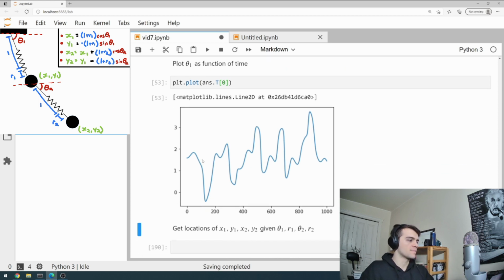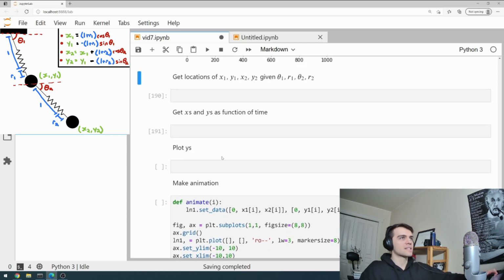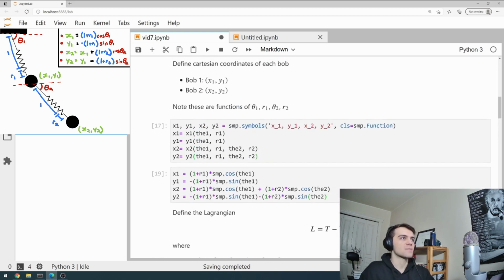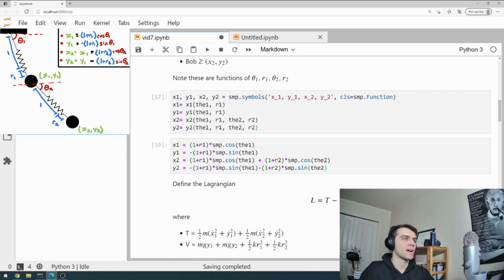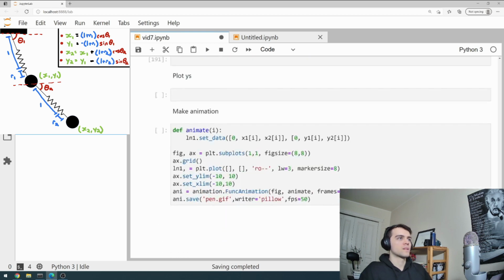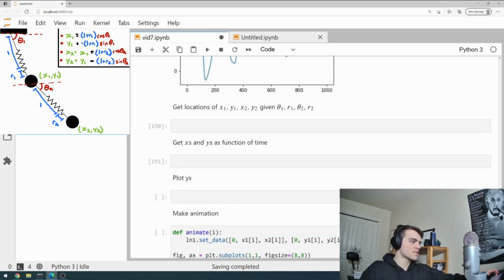Somewhat complicated. So now we can get the locations of x1 and y1 and x2 and y2. For that, we need to take these expressions for x and y and turn them into NumPy functions. So I'll just write a function like this.